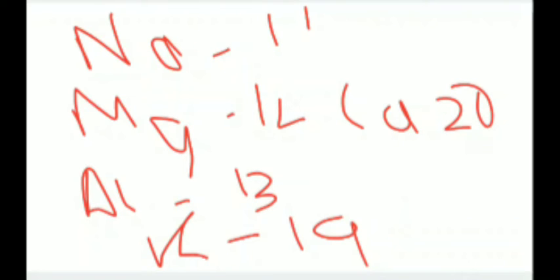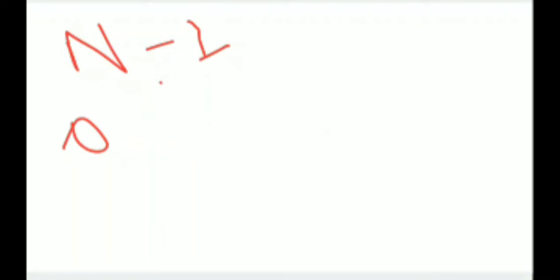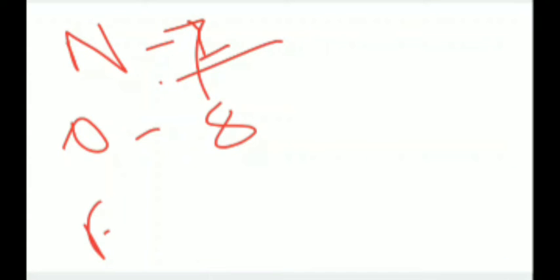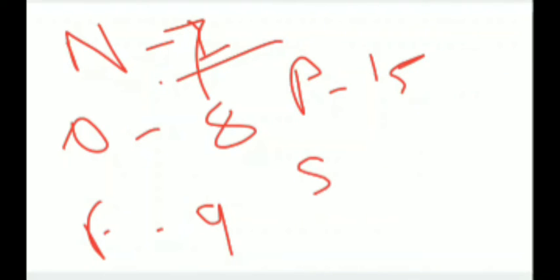Now, non-metals are nitrogen atomic number 7, oxygen atomic number 8, fluorine atomic number 9, phosphorus atomic number 15, sulfur atomic number 16, chlorine atomic number 17.